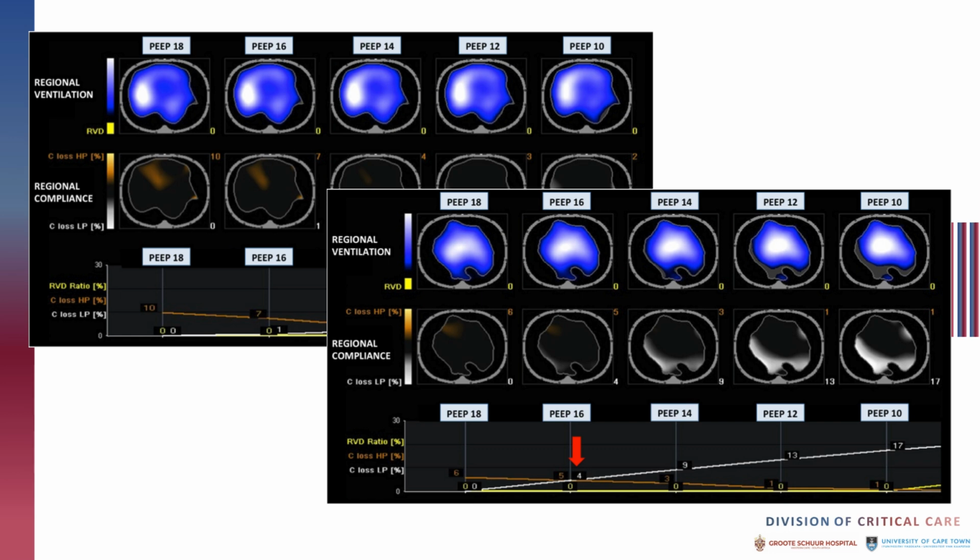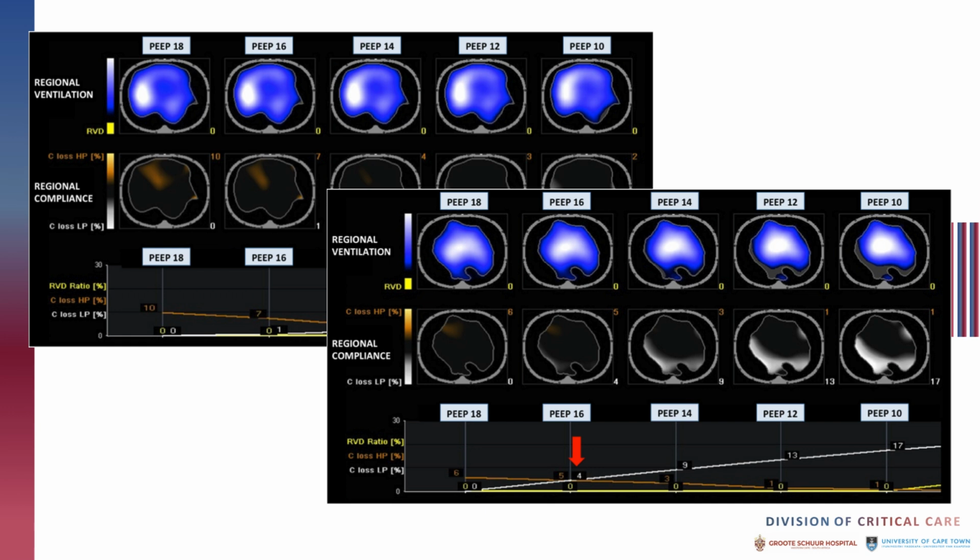So this is a patient who has had a PEEP of 18 set, and you can see that at a high PEEP, especially in the anterior, non-dependent part of the lung, we see compliance being lost as we start to over-PEEP this lung and over-distend the very compliant part, which is typically the anterior or the non-dependent part of the lung.